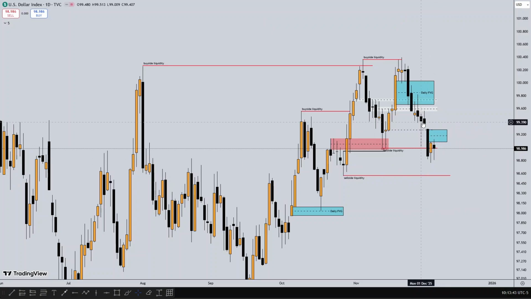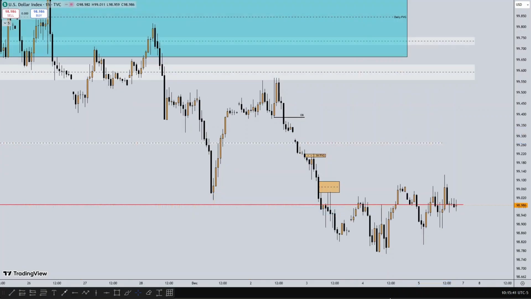But first, we are talking about how price respected the new week opening gap to trade lower in running out the sell side liquidity. On the 1 hour time frame of the dollar index, on Monday, price traded lower and came close to running out the sell side liquidity.